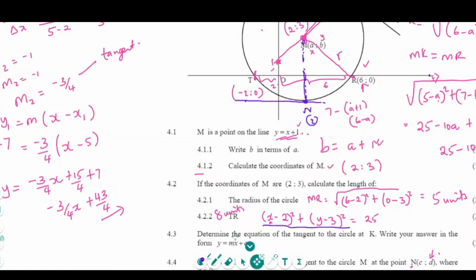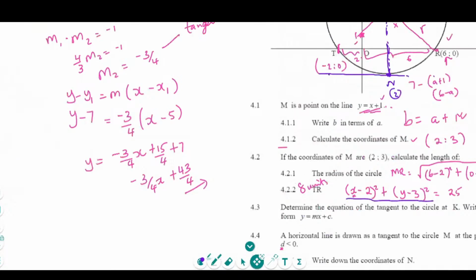So where there is x, we're going to put a 2. So that's going to be (2 minus 2) squared plus (y minus 3) squared is equal to 25.